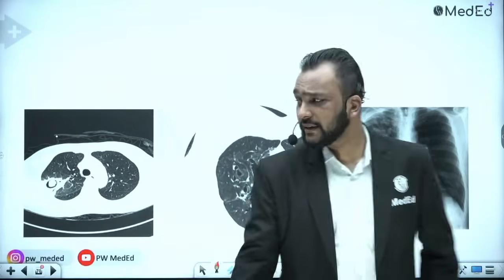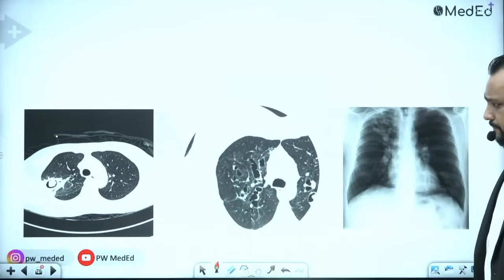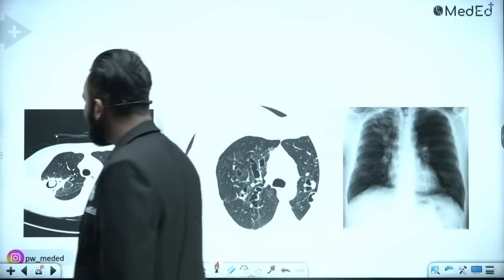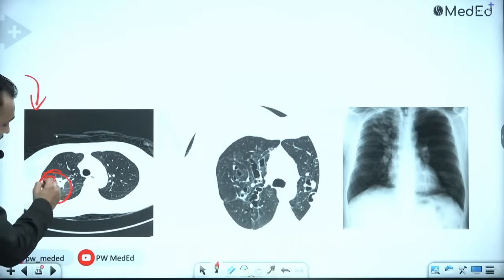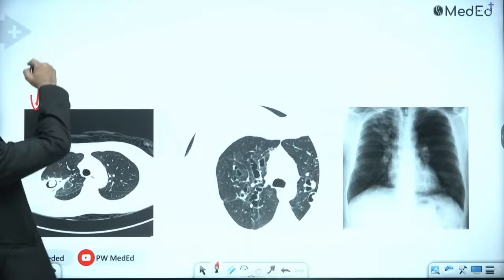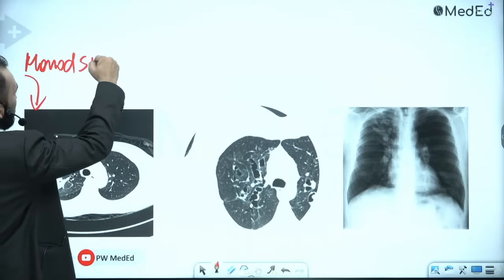Now guys, let us have a look at the imaging features of aspergilloma. In the first image we can see that there is some crescentic shaped air around, the crescent sign can be seen. This is known as Monod sign.